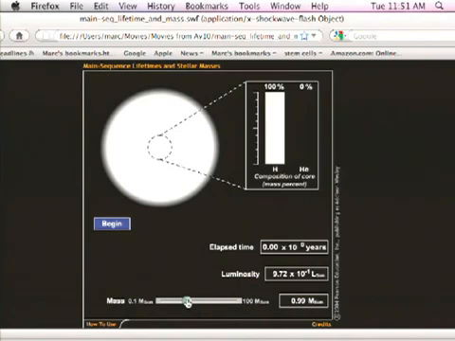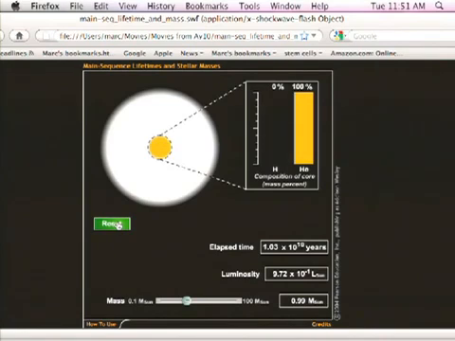Elapsed time is 0, and we'll begin this evolution. And over time, the composition grows and grows until it's 100% helium. All this region has become helium, and that took 10 billion years to happen.